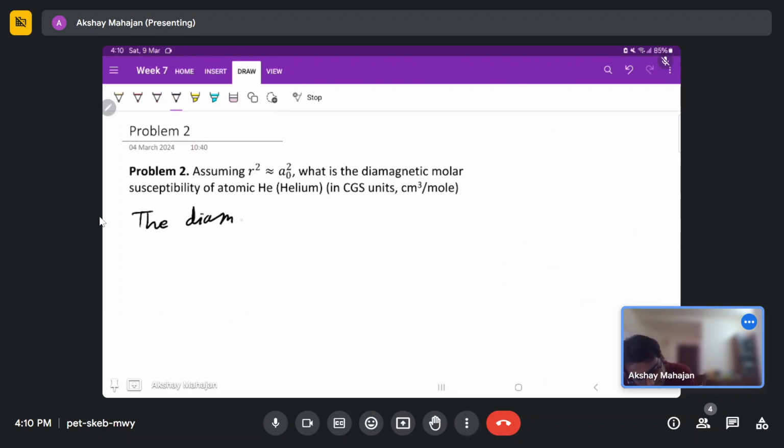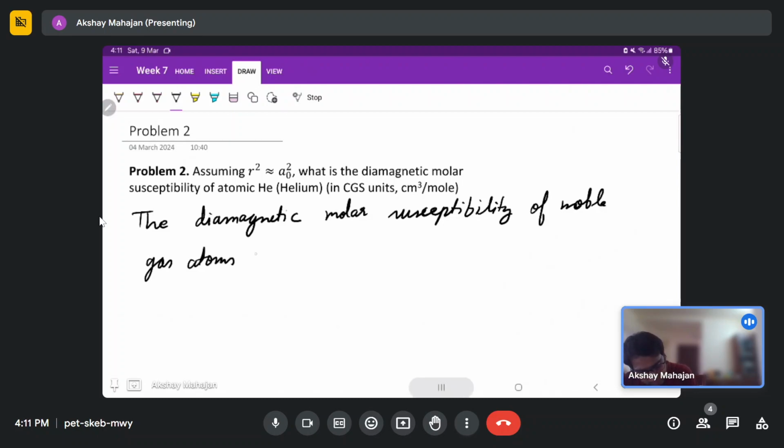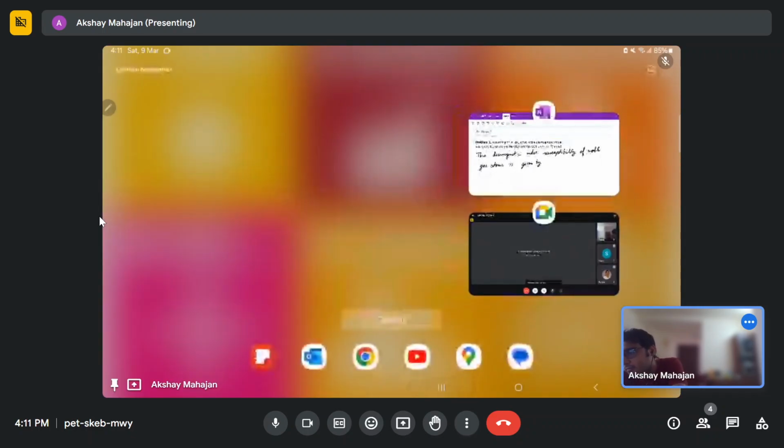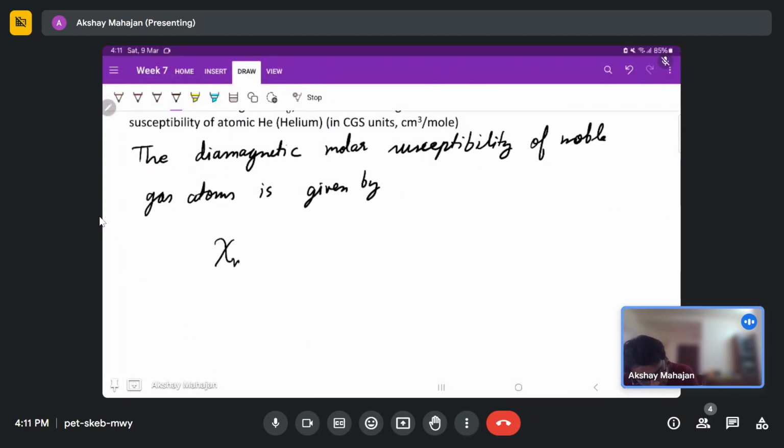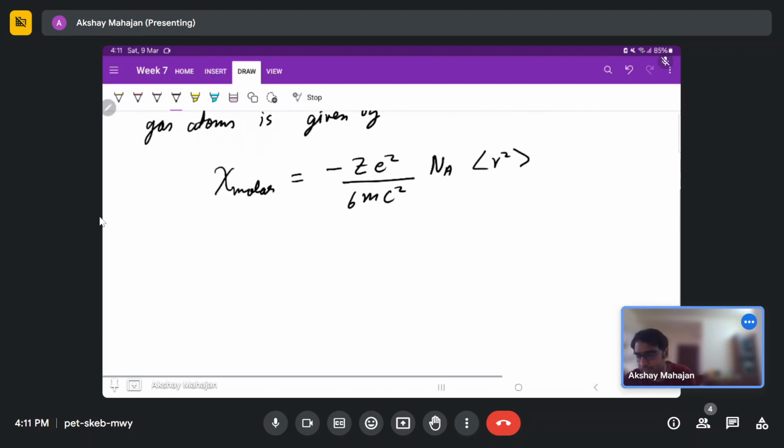diamagnetic molar susceptibility of noble gas atoms is given by chi molar equals minus Z e squared upon 6 m c squared times N_A times the average of r squared, where Z is basically your atomic number.